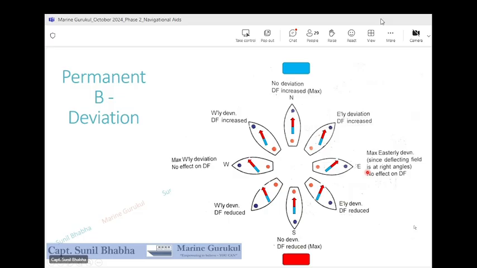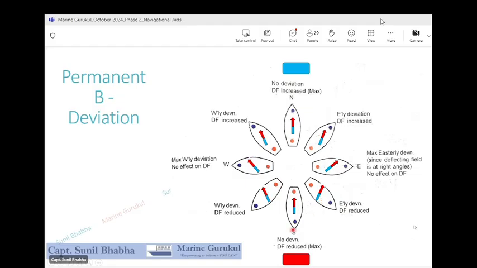And minimum deviation is generated when the poles are aligned with the poles of the Earth, which happened on northerly heading. If ship pole and Earth pole are aligned, there will be no deviation at all. And if the ship's poles and Earth pole are at right angles, there will be maximum deviation. So that's why in the southeasterly heading, the deviation is reduced now, but it is still easterly.